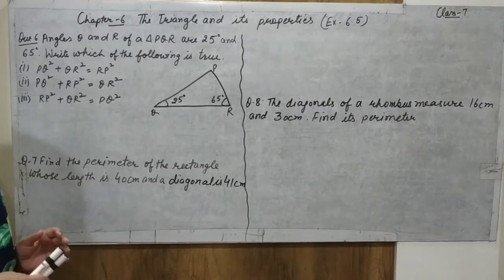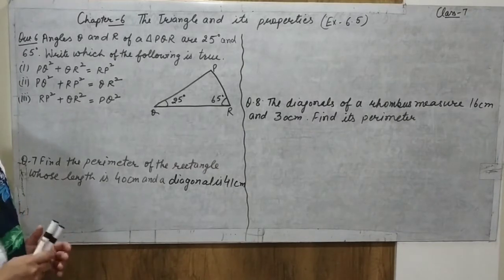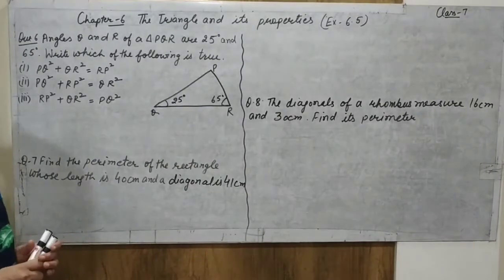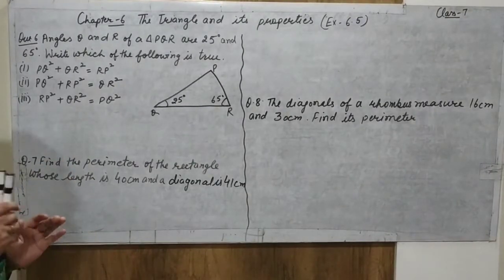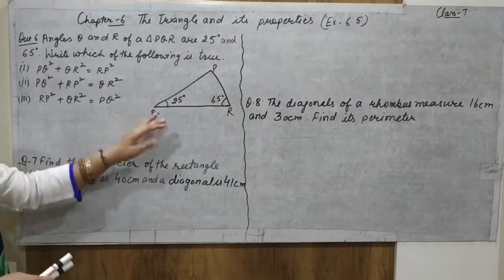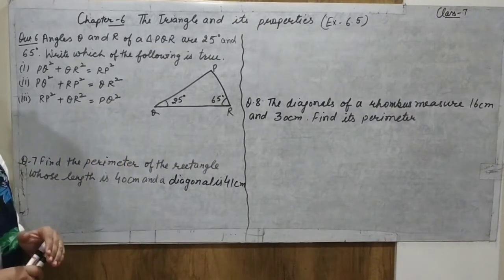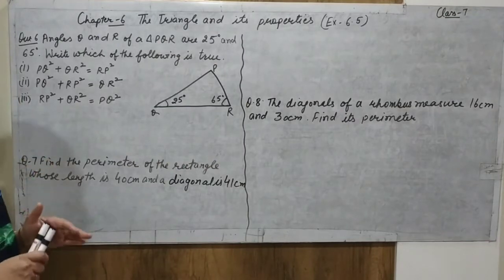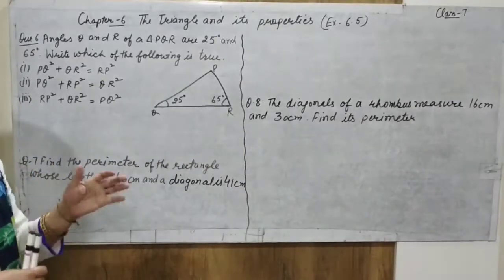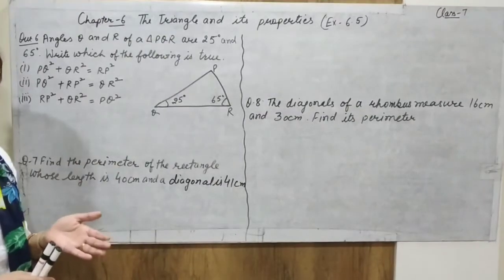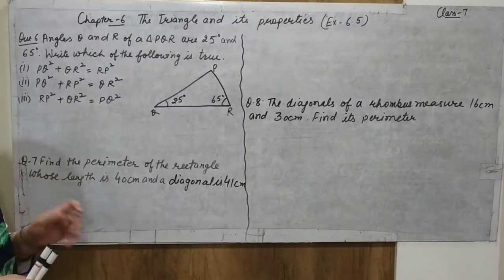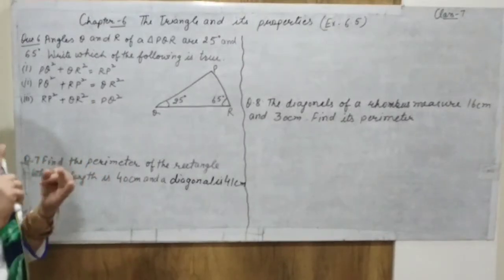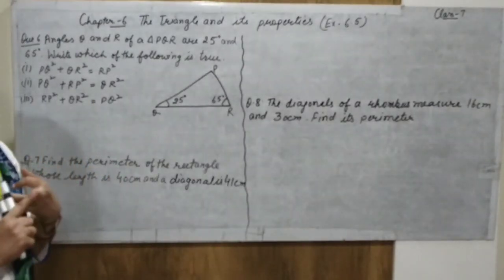But the Pythagoras theorem is applied only in a right angled triangle. First of all, understand that only if this triangle is a right angle triangle is the Pythagoras theorem property applicable. Then we understand from these 3 sides what is hypotenuse, what is perpendicular and what is base.